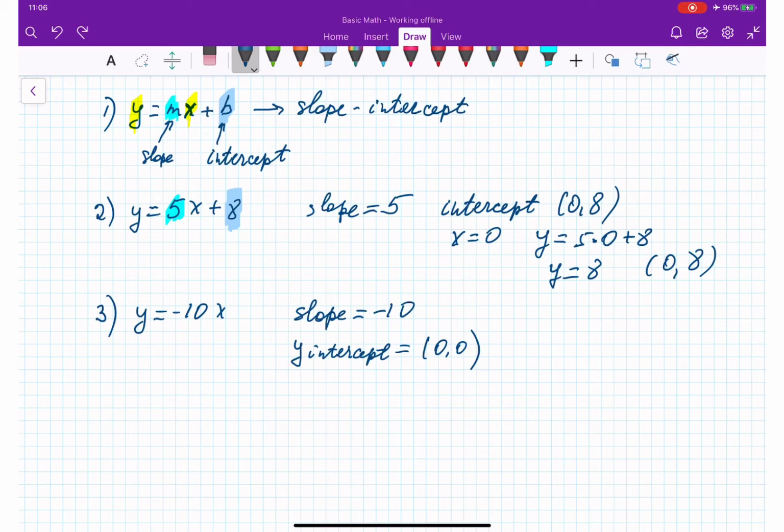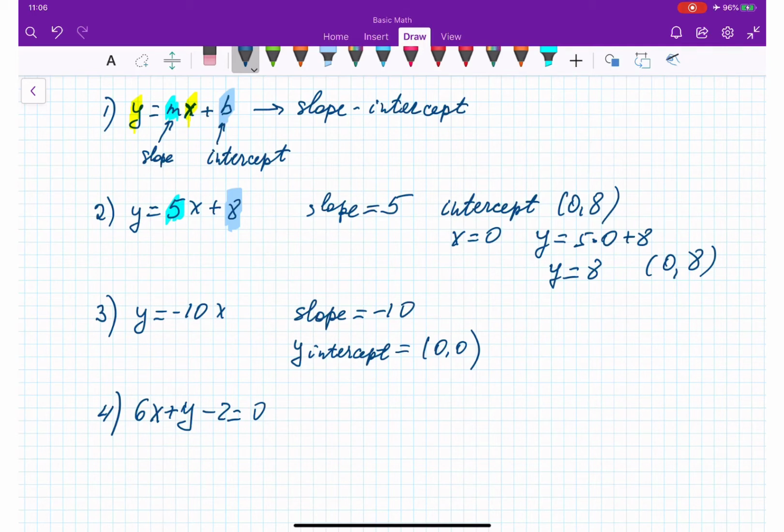Question number 4. What is going to be 6x plus y minus 2 is equal 0. Okay, to find here slope and intercept, we need to bring in the form of slope-intercept.